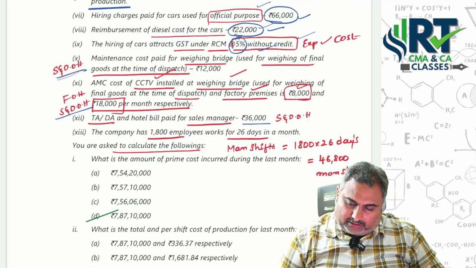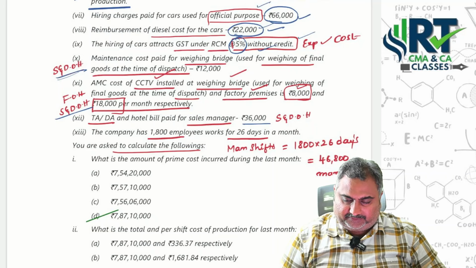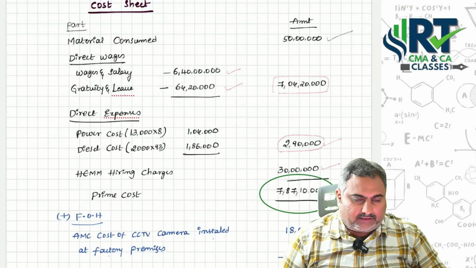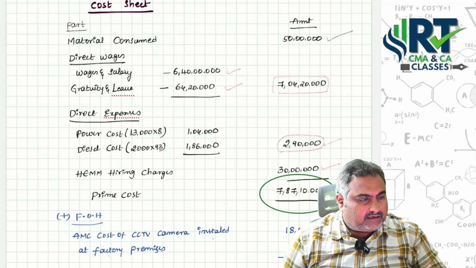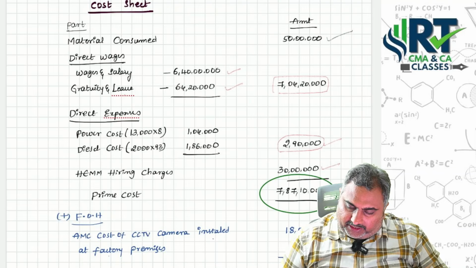What is the total cost and cost per shift of production for the last month? Now what they are asking is the cost of production last month, what is the total and per shift? Both they are asking. What is your total cost of production? We got 7 crore 87 lakh 28,000. For how many man shifts?